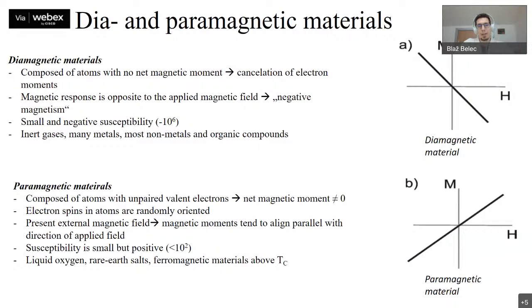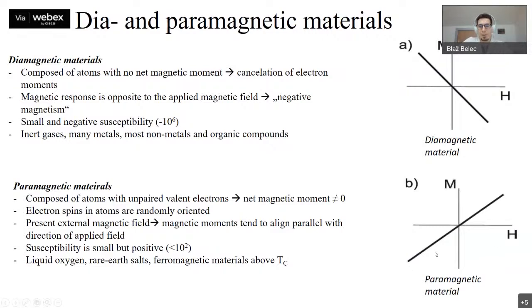Electron spins in atoms are randomly oriented, and this gives us the net magnetic moment. When such material is exposed to the magnetic field, moments tend to align parallel with the direction of an applied field, and we can measure such response.